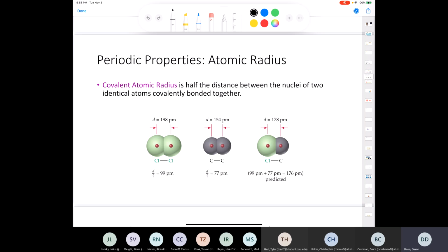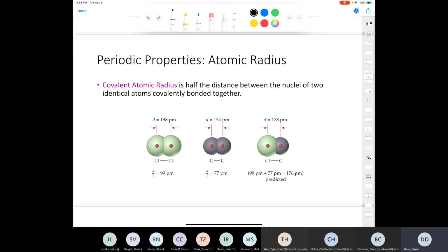When we draw the shape of an s orbital or a p orbital, what we're saying is that's where we have a 90% probability of finding an electron. And so size is actually directly related to 90% of where the electron density is found around the nucleus.